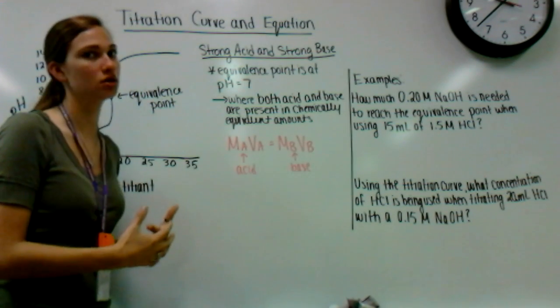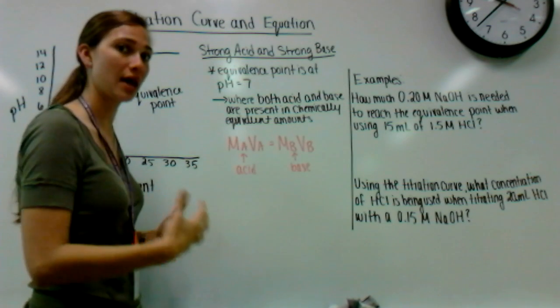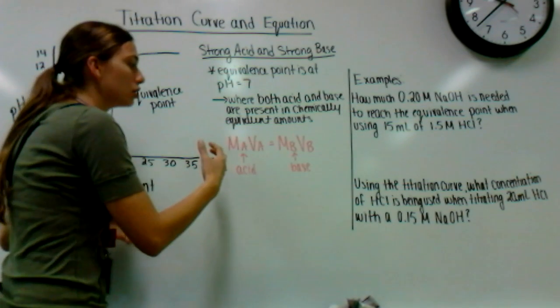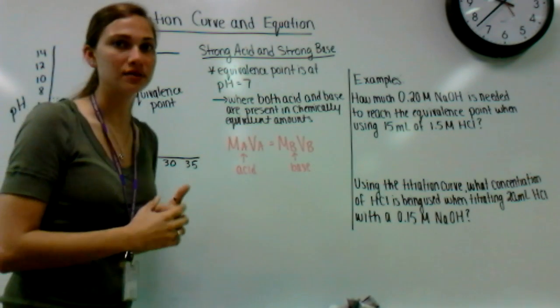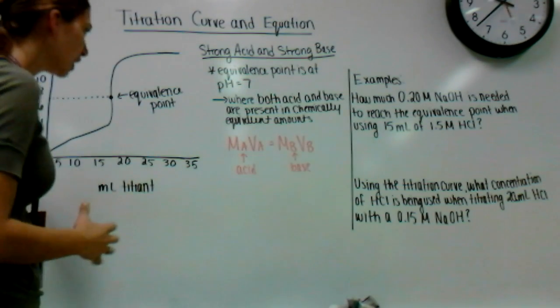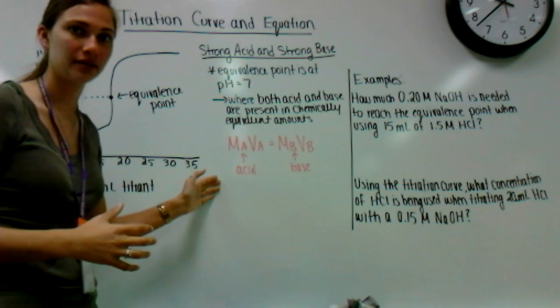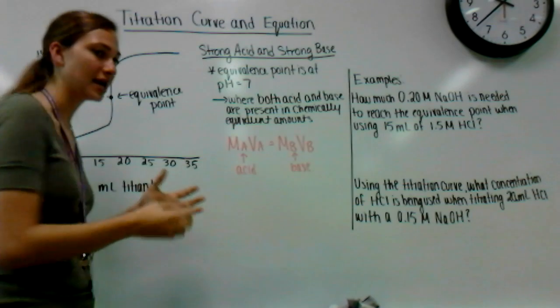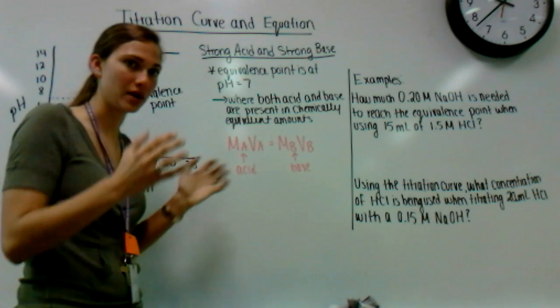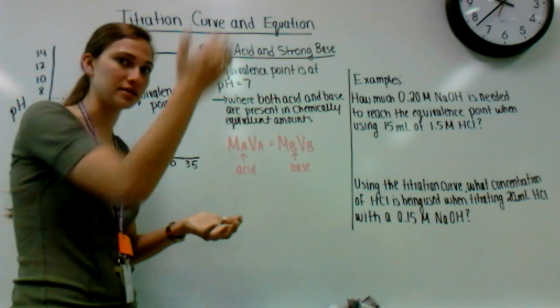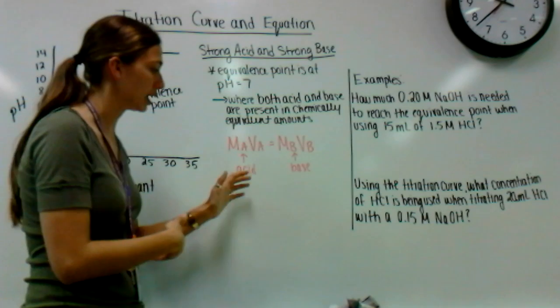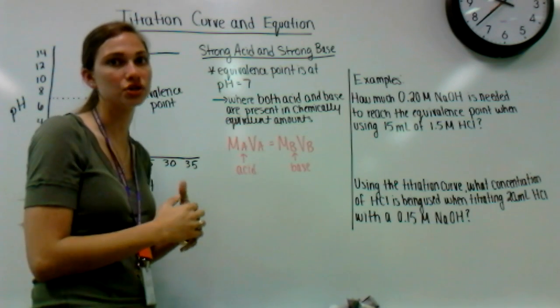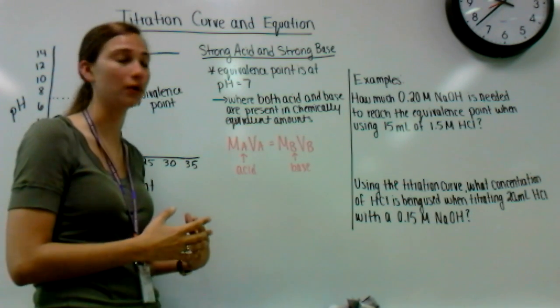In typical titration problems in labs, you do not know the concentration of the acid that you are dealing with. So whatever is getting titrated, whatever is sitting there and something else is going into it, you don't know the concentration of that, and that's what you're looking for.